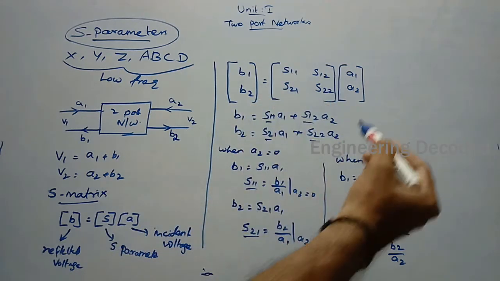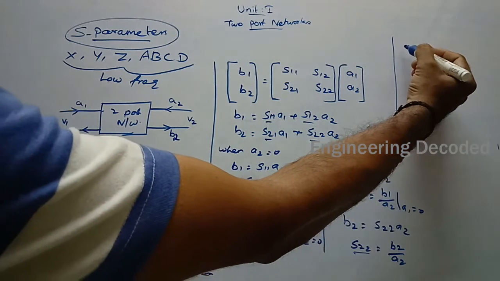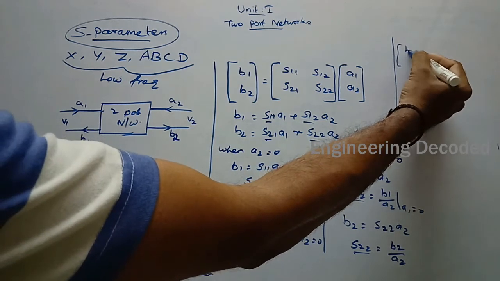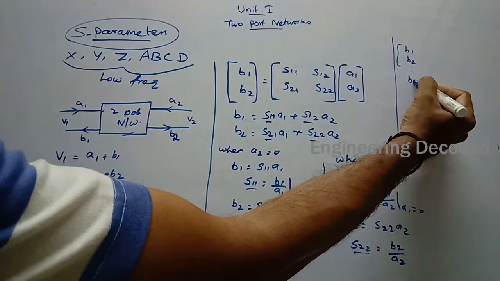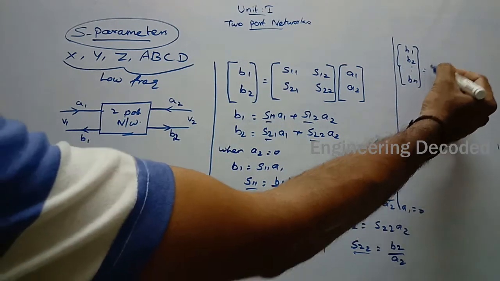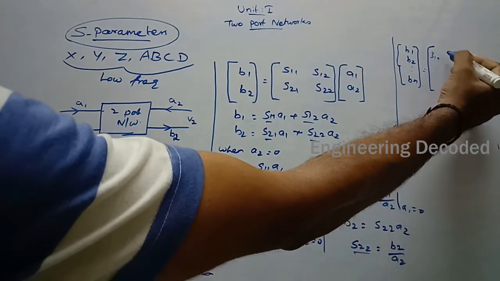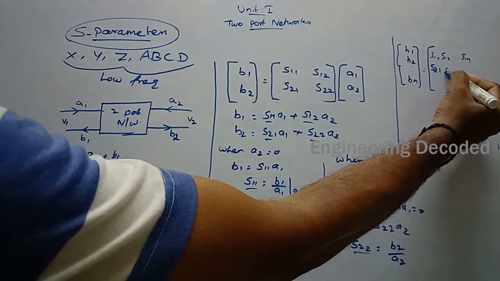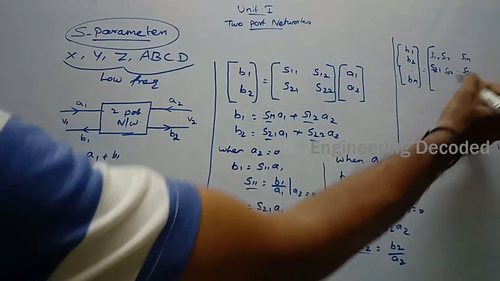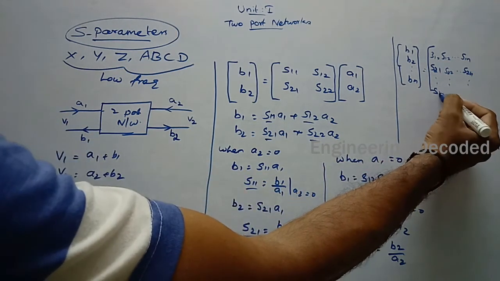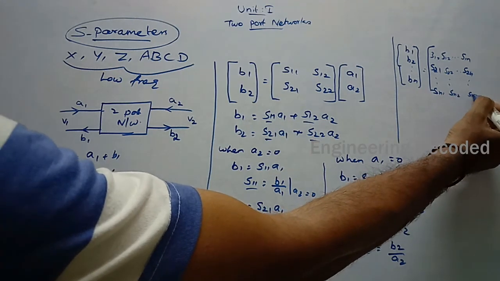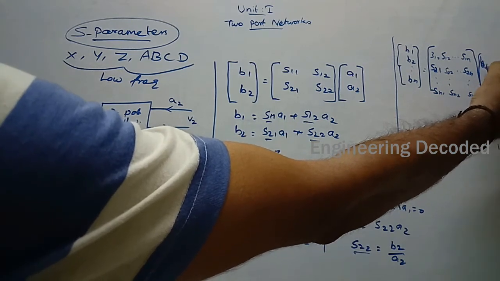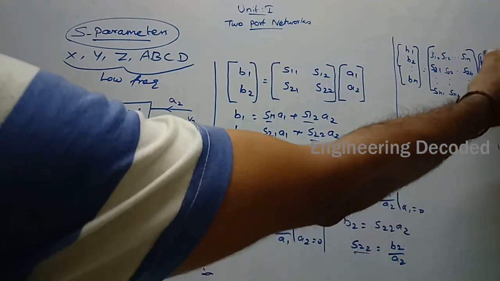If you are going to find out for n number of ports, then you can write B1, B2, etc. Bn is equal to S11, S12, etc. S1n, S21, S22, etc. S2n, similarly Sn1, Sn2, Snn, into A1, A2, etc. An.